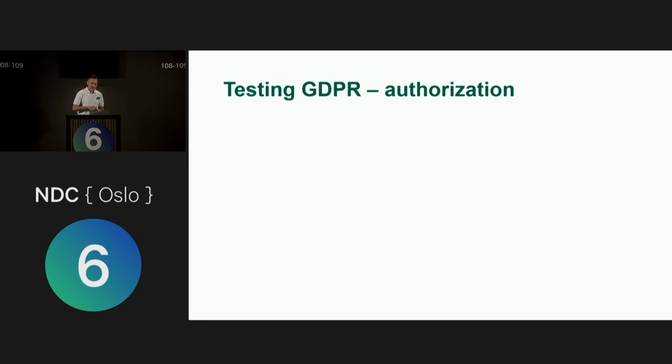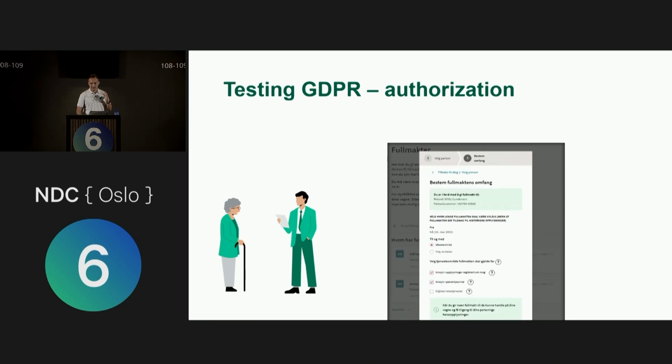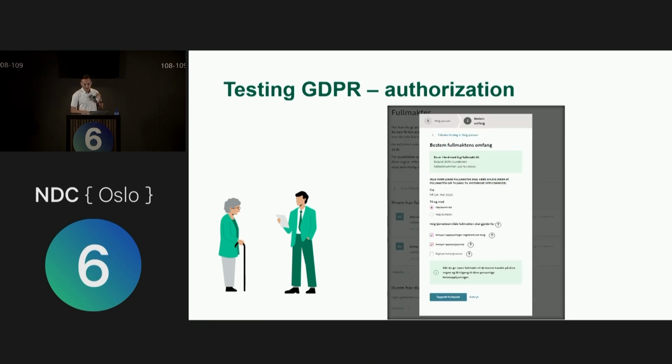Another aspect of this portal that I mentioned is that users can use the portal not only on their own behalf, but also on behalf of another person. For example, an old parent can authorize usage of the portal to her adult son. The portal provides functionality for this. The services in the portal are grouped into 3 areas.